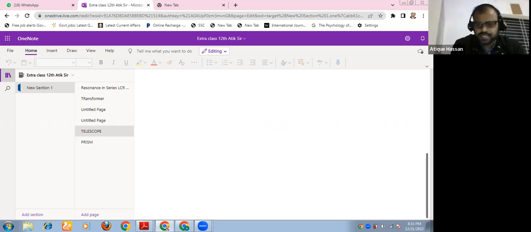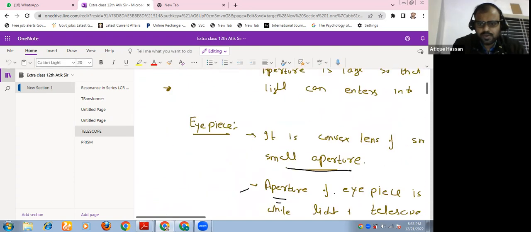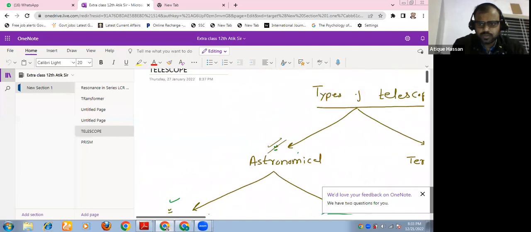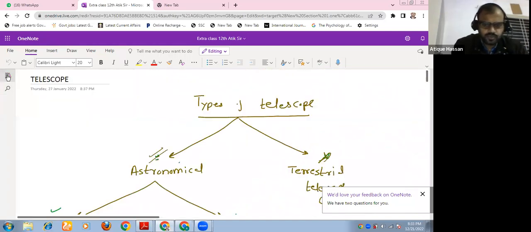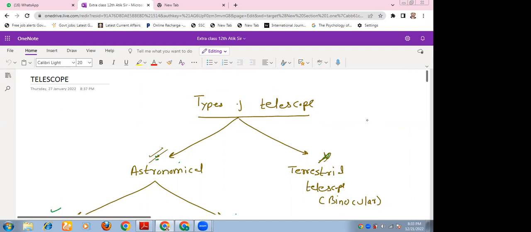Can anyone tell what is the difference between microscope and telescope? Any idea? Can you see the screen? Yes, sir.